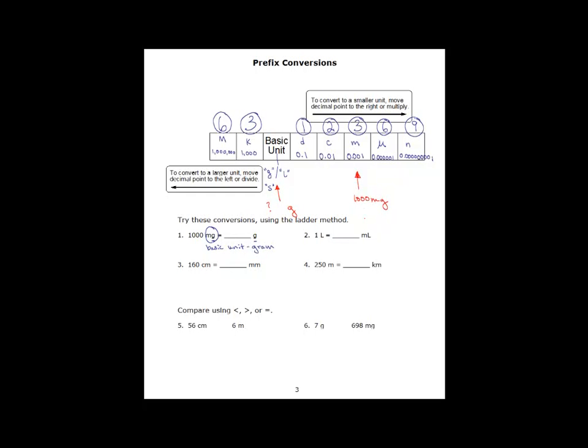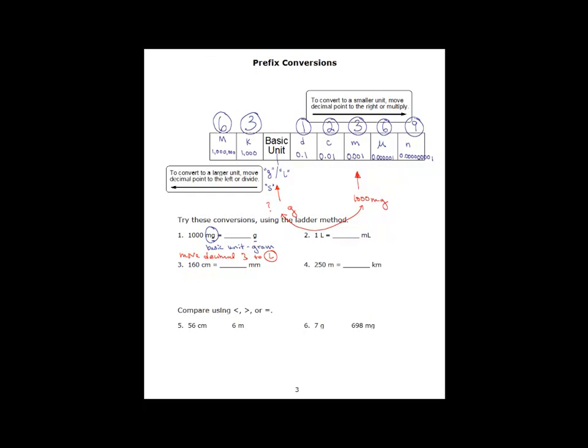So on this ladder, we're going to go from here to here. The way we do that is to move the decimal point 3 to the left. So I got the number 3 because it's written above the basic unit, it's going to be 3 to the left. So move decimal 3 to the left.